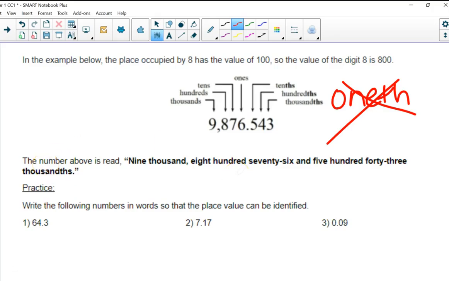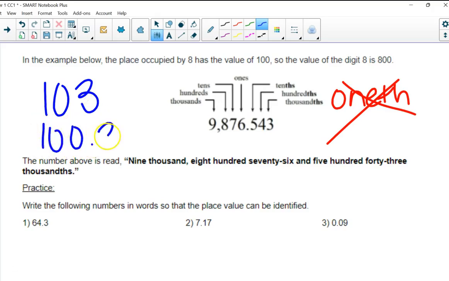One major mistake is if I see this number, people say 103. Okay, no. Anytime in math you say the word and, that tells me that's where my decimal is. So if I read this as 103, what I really just said was 100 and 3, and those are two different numbers: $103 or $100.30.